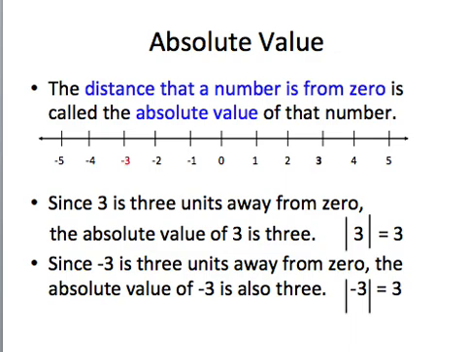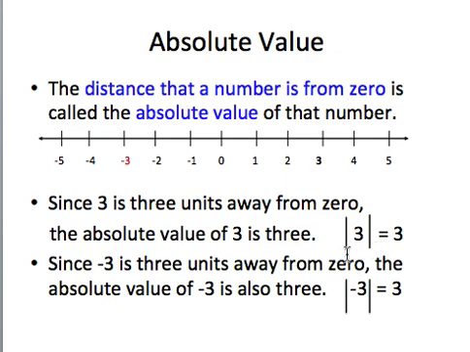The distance that a number is from 0 on the number line is called the absolute value of that number. Since 3 is 3 units away from 0, 1, 2, 3, the absolute value of 3 is 3, and these two vertical lines are what we use to represent absolute value.